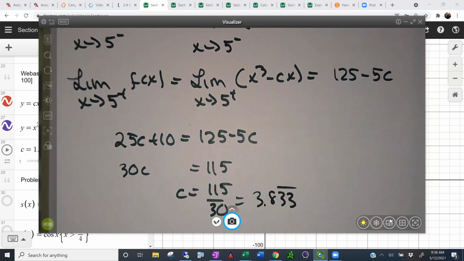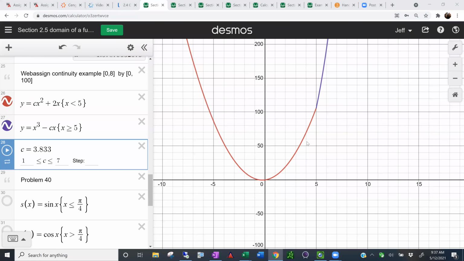If you wanted to, you could go back and try that with 3.833. And you should get a pretty good match between those two functions. Let's take a look here. That looks pretty good. So the limit from the left and the limit from the right are equal, and it's equal to the value of the function at that point. So it's continuous at that point.